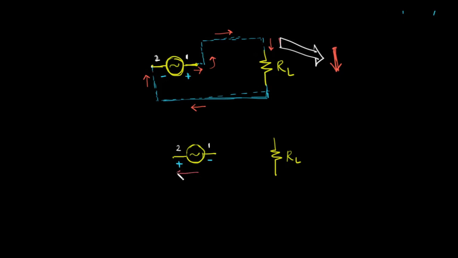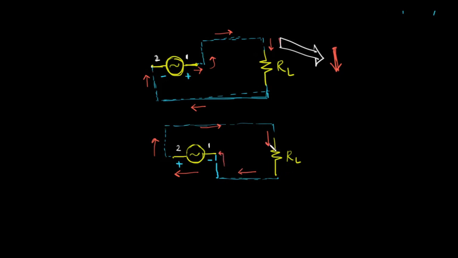If I connect the circuit like this, then how will the current flow? Well, we can trace the steps of our current. The current will go in this direction, and then in this direction, and this direction, and this direction, and it will go back.